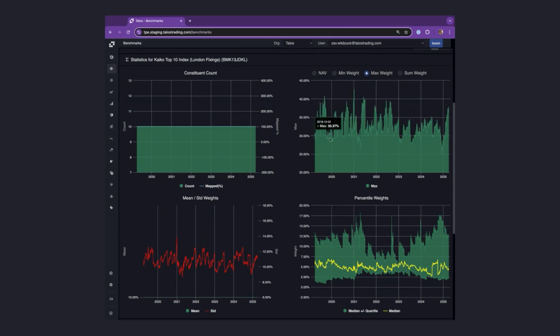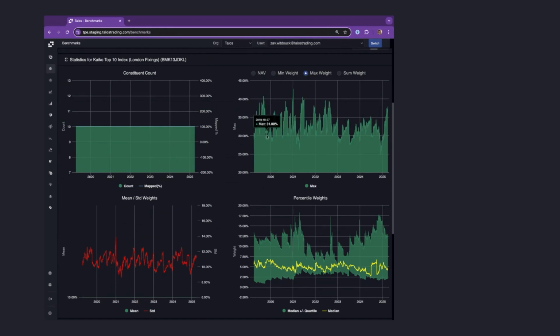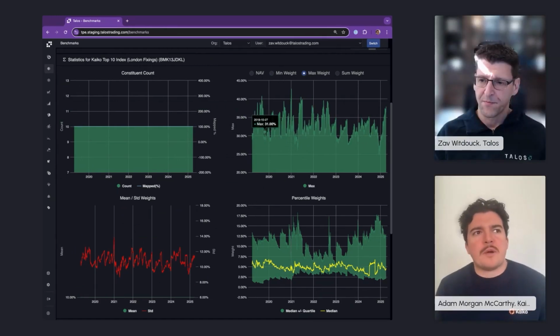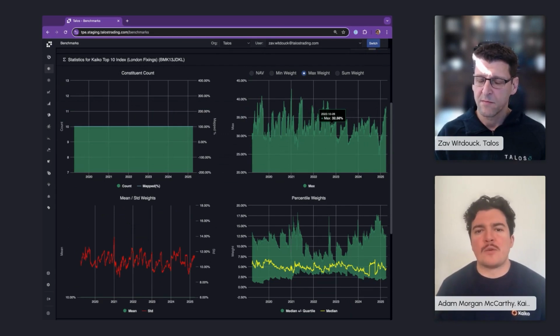So you mentioned obviously it's capped at 30%, but just remind me, Adam, this is rebalancing quarterly. Is that right? Yeah, so we rebalance quarterly, and part of the reason for that is you see some indices doing monthly, but right now the trade-off in costs between rebalancing monthly and getting upside versus rebalancing quarterly and accepting the weighting changes, it's not quite there.